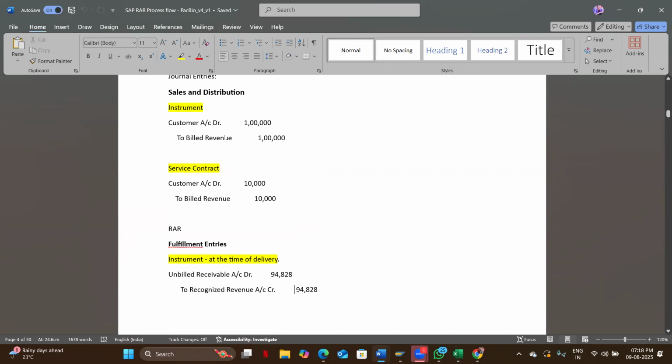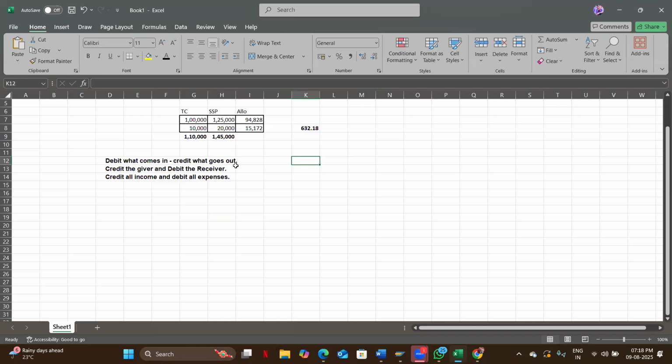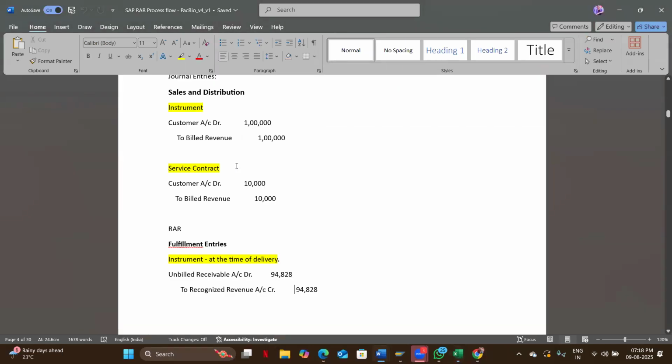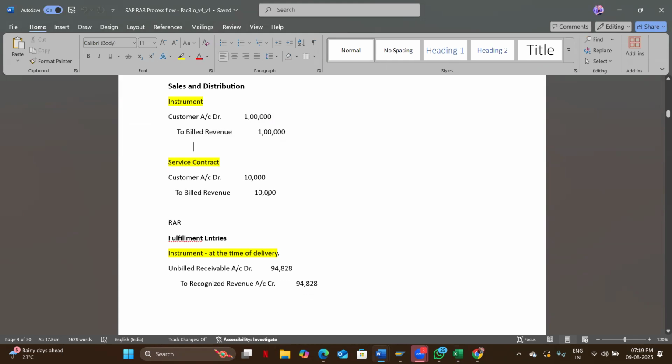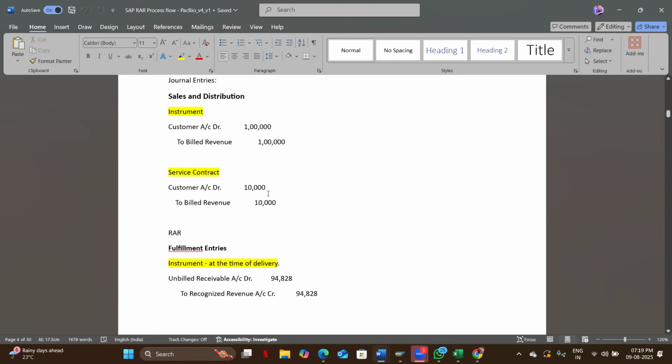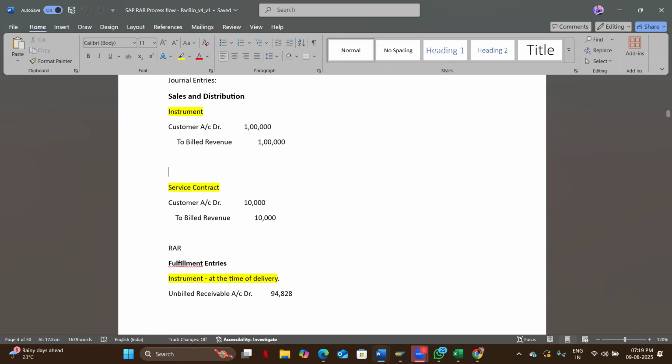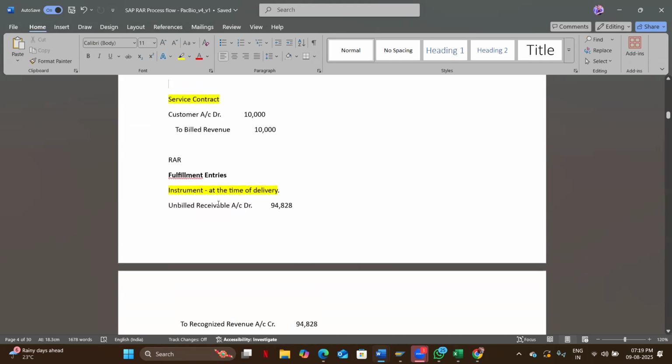What we need to give, that is the giver. Credit what goes out from us: goods go to the customer. That is the reason customer account to goods account, which we call billed revenue. All the receivers are debited and all the goods are credited. Yes, same thing, correct, exactly.